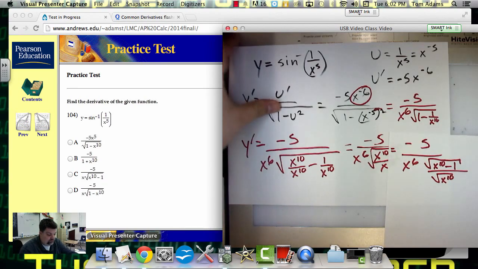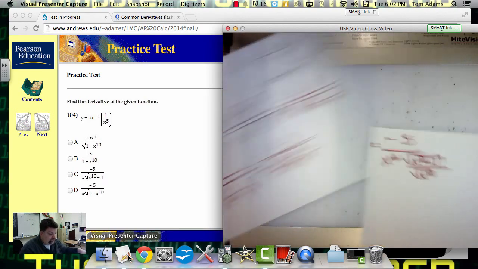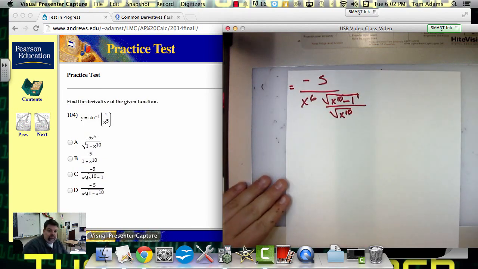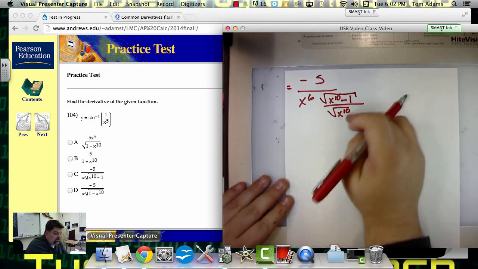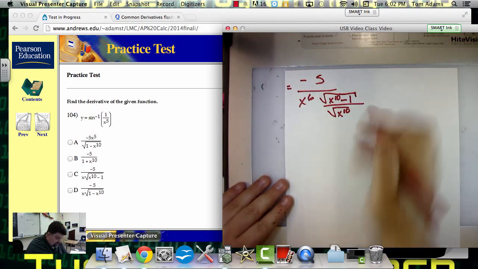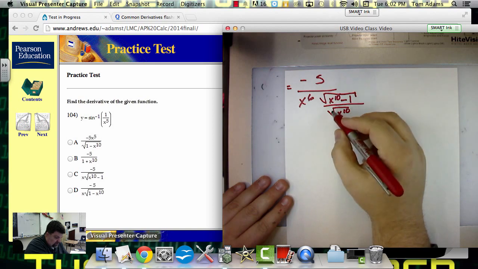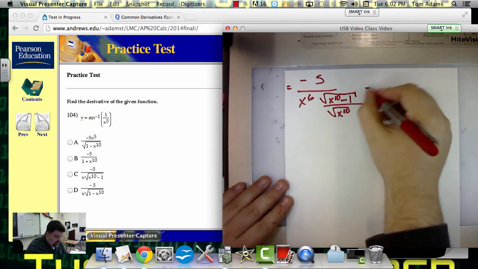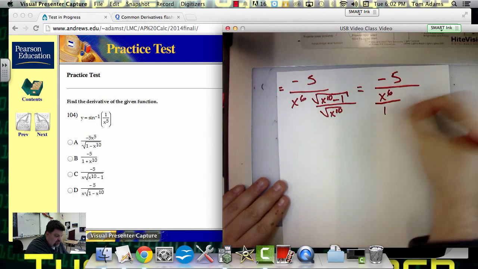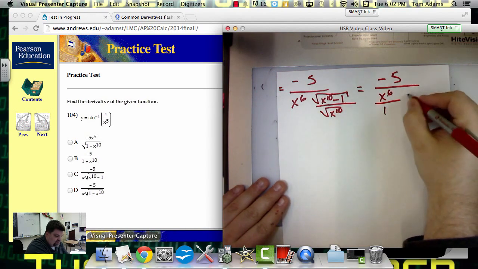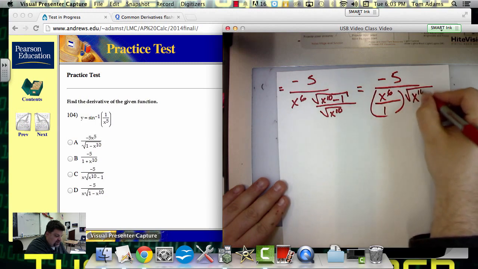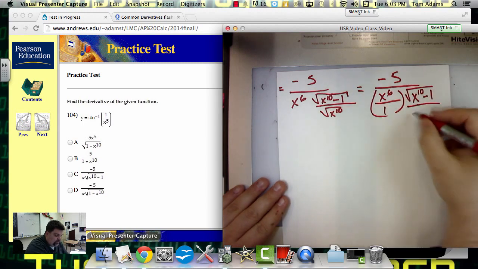Okay? Well, the cool thing is that I can pull this out, because if I pull this out, what I end up with in the next line is negative 5 over 1, and then this is the same as the square root of x to the 10 minus 1 all over.